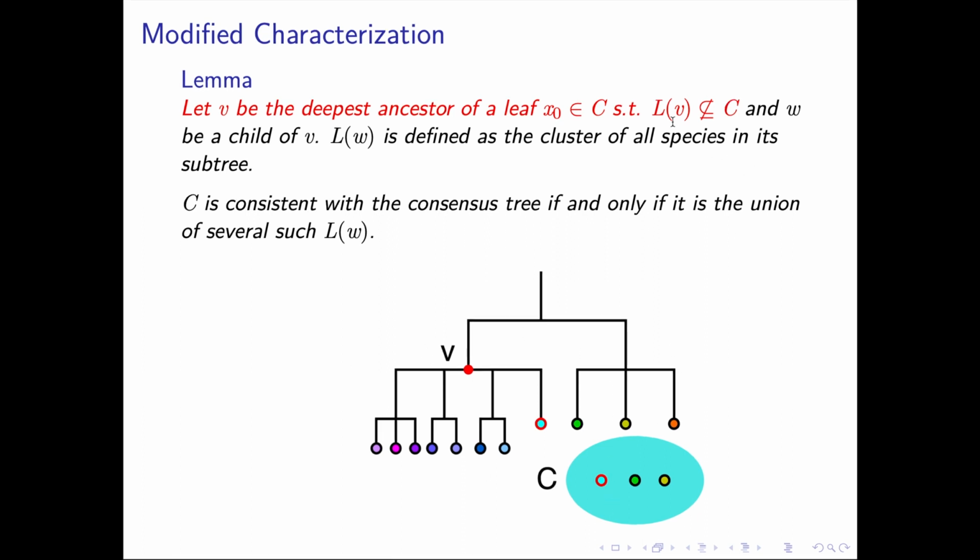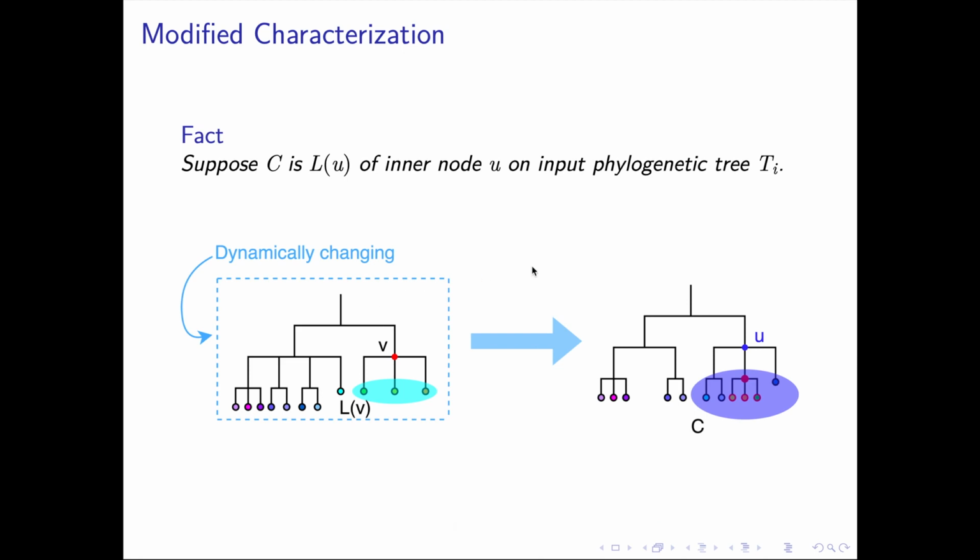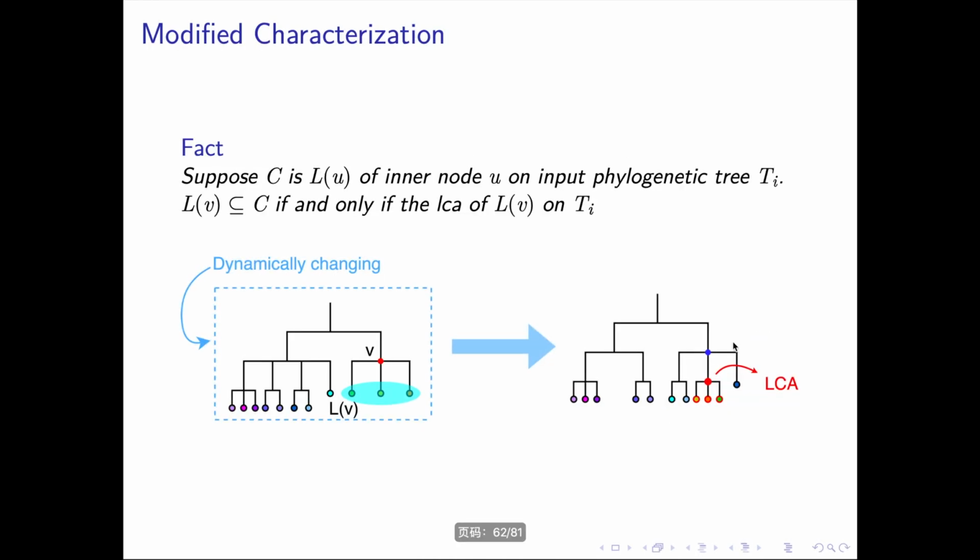To check whether LV is a subset of C, we need the following fact. Suppose C is the cluster which is from the input tree Ti, and it is the cluster of the inner node U on Ti. Then we find the least common ancestor of all the leaves in LV on Ti.